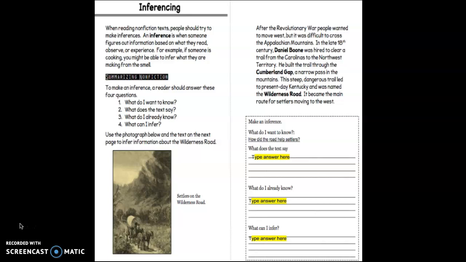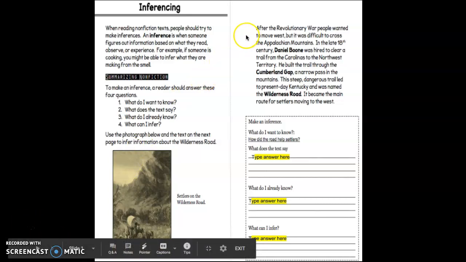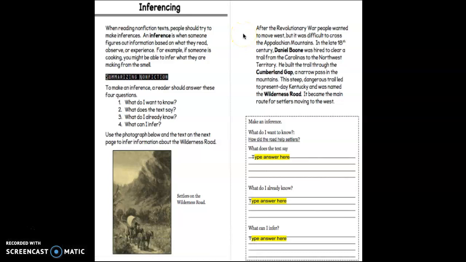Use the photograph below and the text on the next page to infer information about the Wilderness Road. So in the photograph below, you see settlers traveling on the Wilderness Road. So the second column, after the Revolutionary War, people wanted to move west, but it was difficult to cross the Appalachian Mountains.